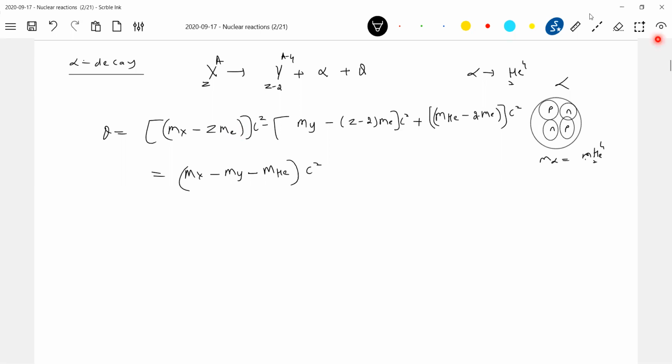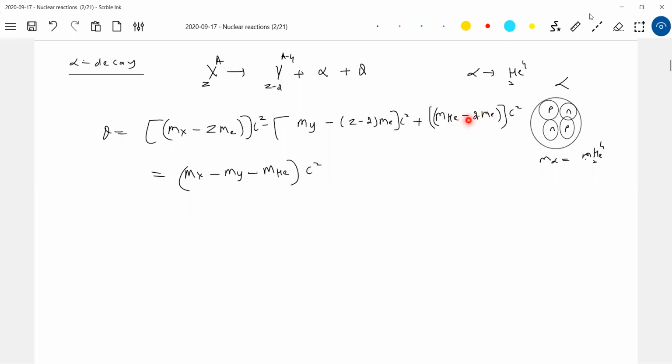Now look at the daughter nucleus. What happened? The charge decreased by 2 and the mass number decreased by 4. So the daughter nucleus is Z minus 2. What about the helium? It's the alpha helium nucleus, so minus 2 me is what I should write, not plus 2 me. It's not a helium atom.